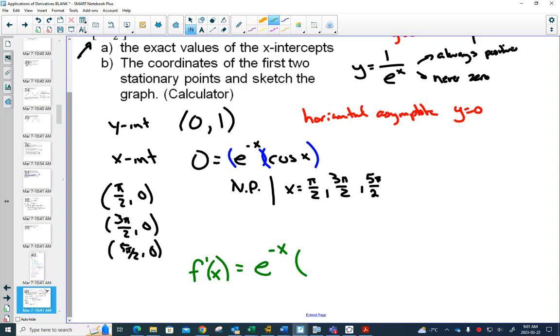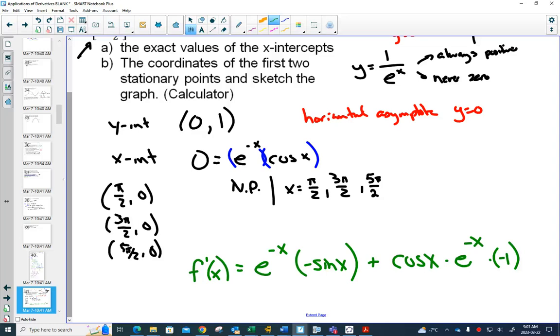Do you remember the derivative of cos? It'll be negative sine plus, keep the second one the same, multiply by the derivative of the first one, and the derivative of e to the x stays the same, but this is a chain rule in where you would have to then also multiply by -1.